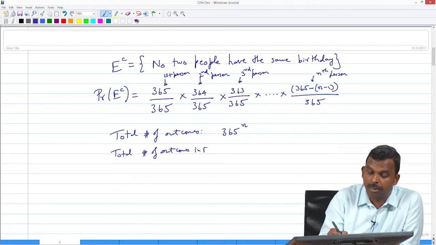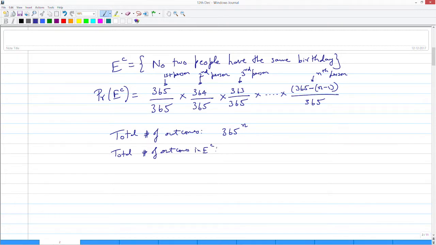Outcomes in E complement, where no two of them repeat. The first one can be any one of the 365 possibilities, the next one should be 364, the next one 363, and so on till 365 minus (n minus 1). So, that is the idea. The same thing happened here, but if you use conditional probability and independence like the way I showed you, you can directly write it down. So, this is the probability of E complement, that no two people have the same birthday.